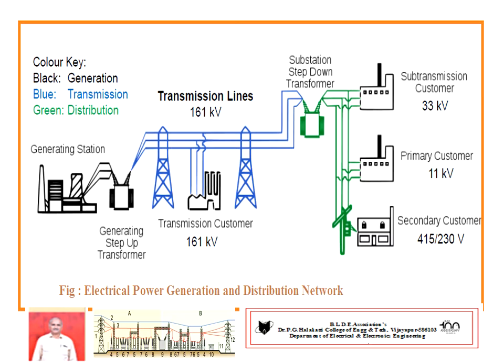Hence the transformer increases the voltage level of generated AC power from 11 kV to 220 kV. This high voltage power is economic, hence electrical power is transmitted through the transmission lines. It is transmitted up to substations.